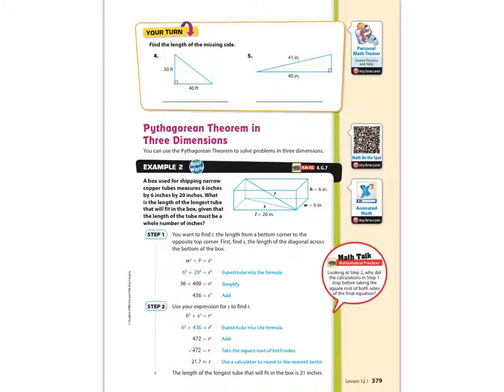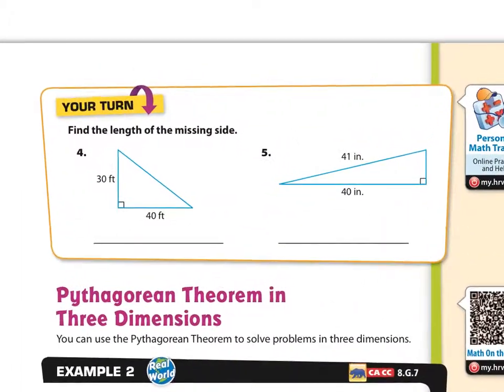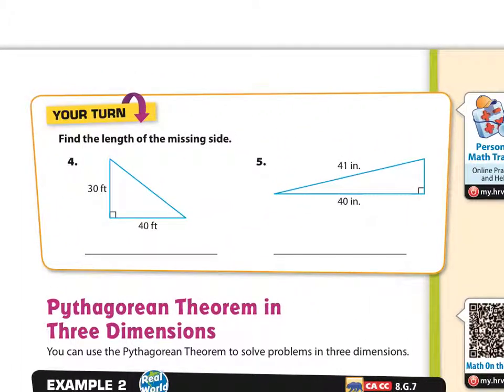Here on page 379, I'm going to go through a couple problems before you get your worksheet to continue practicing some more of these. Number 4, we're going to find the missing side. First, identify your right angle. Instead of writing that it's the right angle, you can put 90 degrees. The two legs connect where the right angle is.